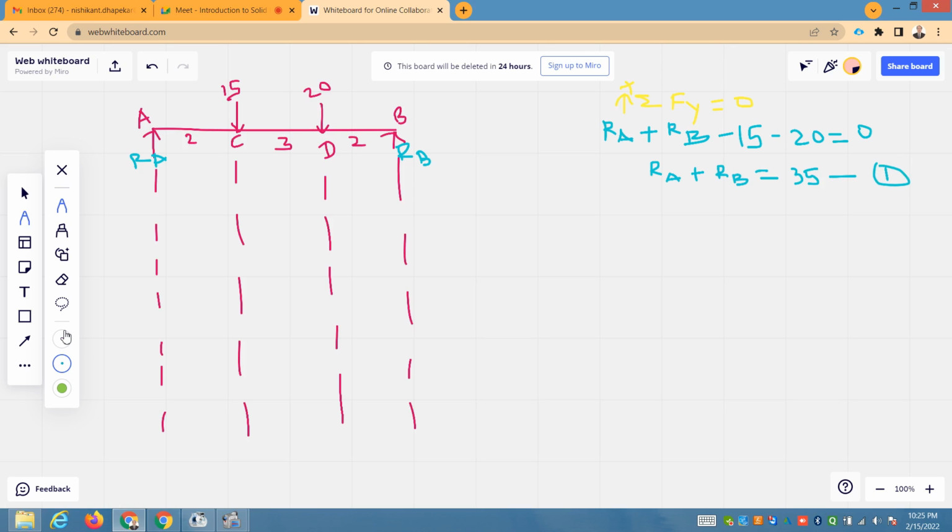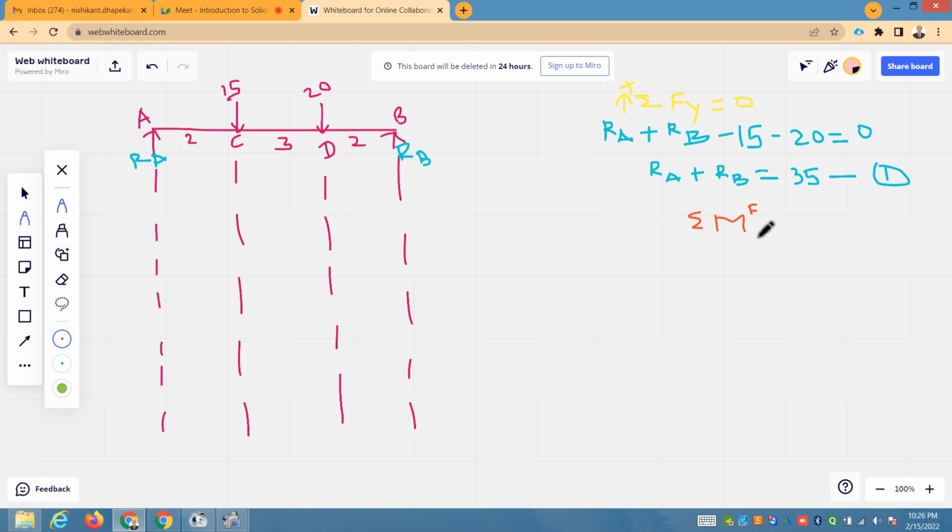Next equation of equilibrium is summation of moments because of all the forces acting on any point. Either you can take moment about A, C, D, B, any point.